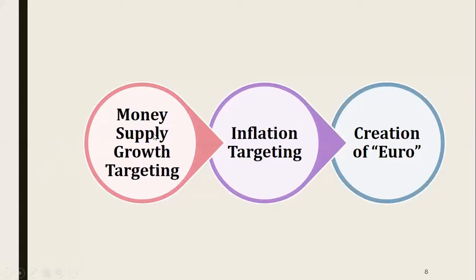But here, most of the time, the central bank faces influences from the government. Sometimes these politicians, with their short-sighted visions or goals, influence or affect the central bankers to stimulate the economy.